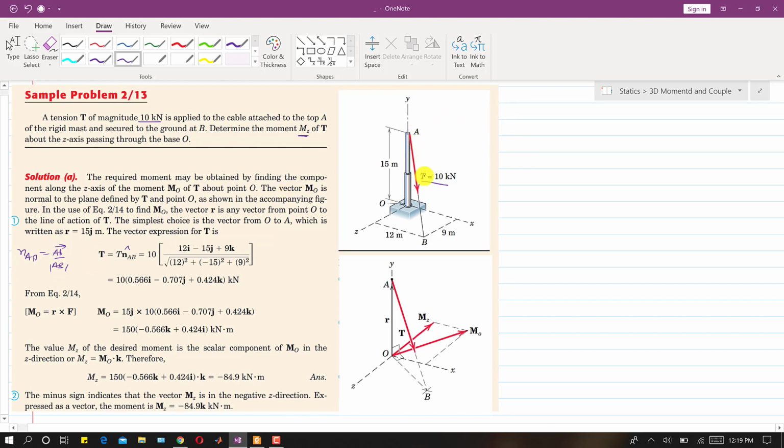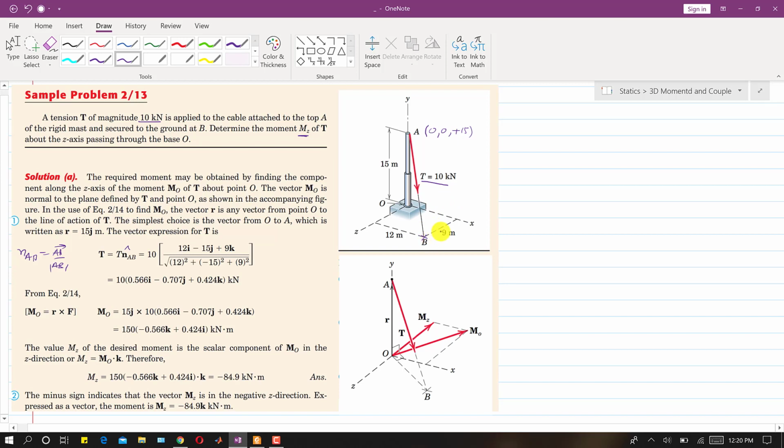To find the coordinates of point A, we only need to travel 15 meters along positive Y. There is no need to travel along X or Z, so this is plus 15 along Y. Similarly, what are the coordinates of point B?